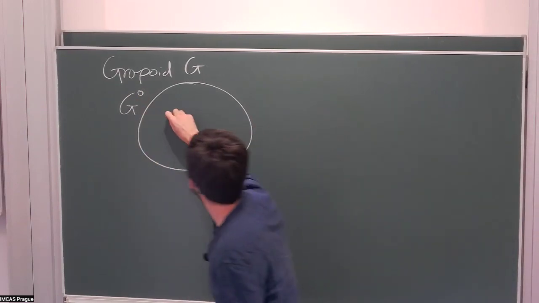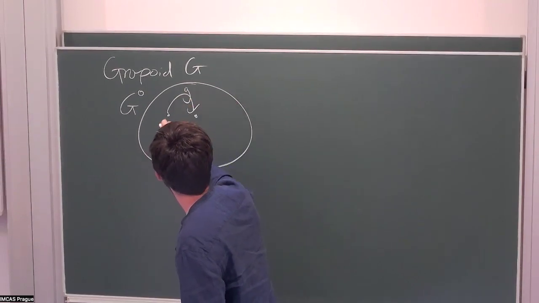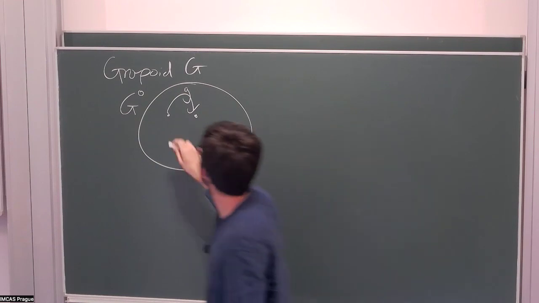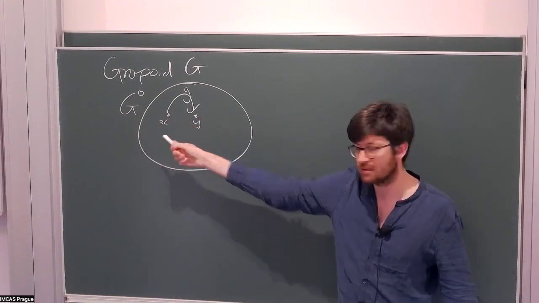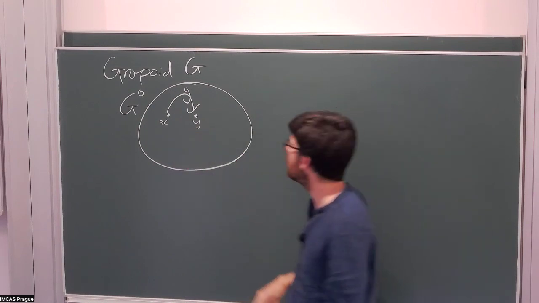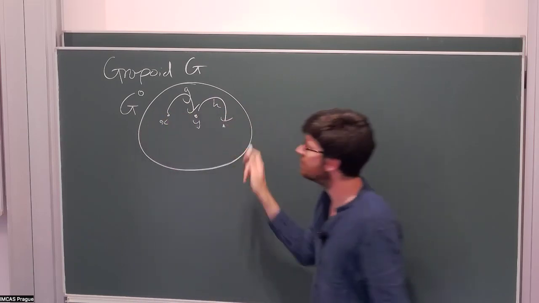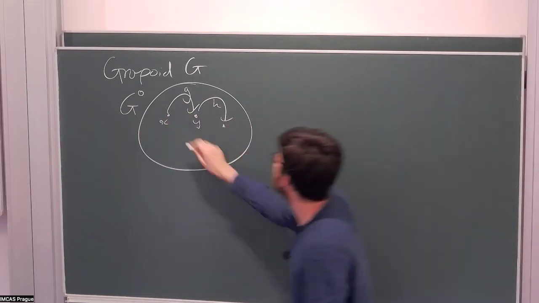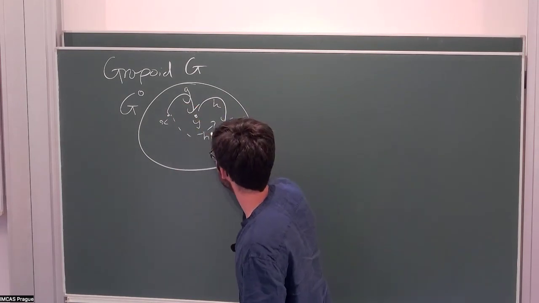The elements of the groupoid are arrows that I draw on G0. An arrow has a source, in this case X, and a range, Y. And if another arrow is matched up nicely, then I'm going to be able to compose them to get HG, I think.